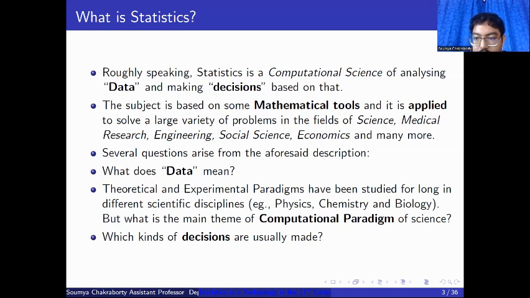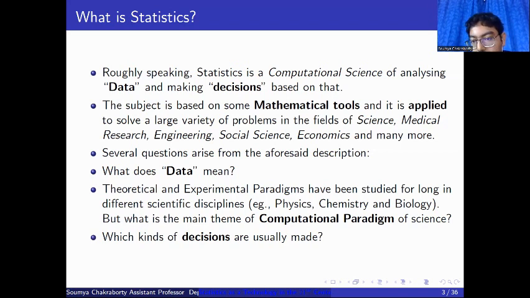So, what is data, and what are the mathematical tools of statistics? I have just told that statistics is a collection of mathematical tools. So what are those mathematical tools, and what does data mean? And finally, we have already studied theoretical and experimental sciences like physics and applied physics, chemistry, industrial chemistry, biology.